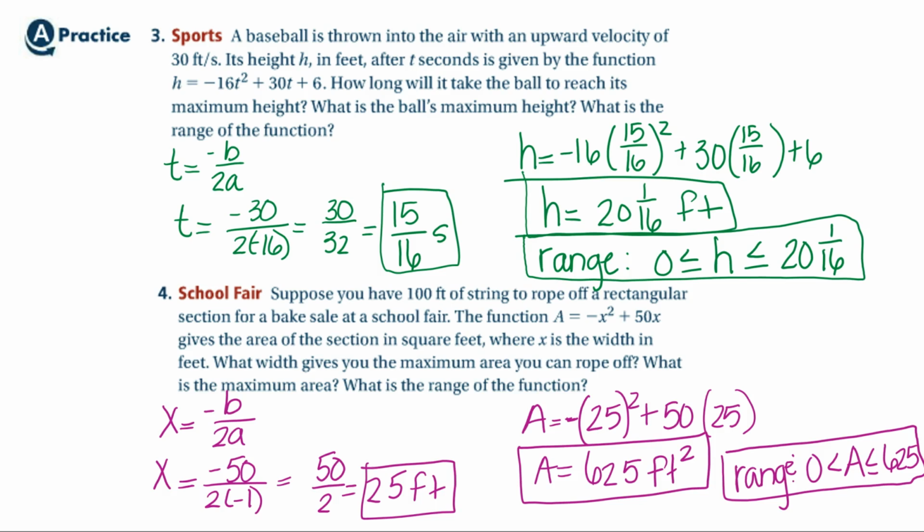So that was how long it would take to reach its maximum height. Then I substituted that back in. So I got like 20 and 1/16. I know a lot of you got it as a decimal, just over 20 feet. So this is our max height.